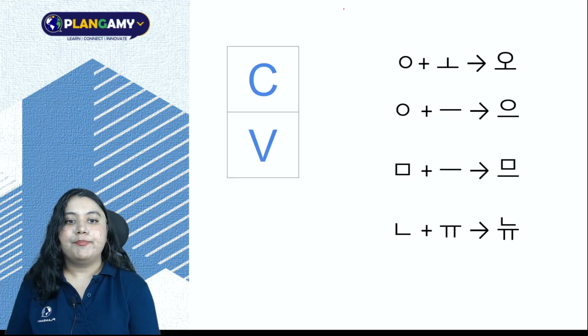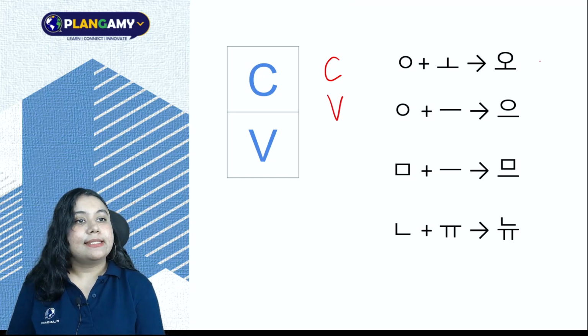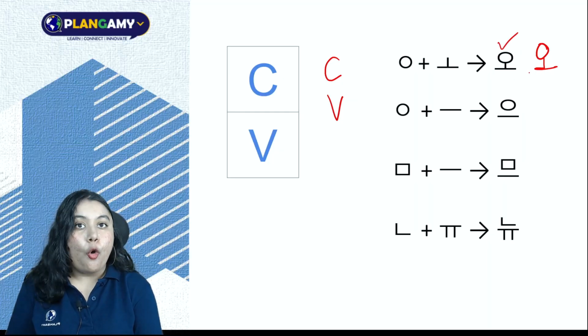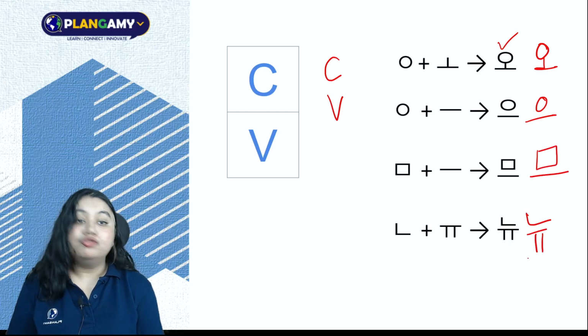Next pattern, we have consonant above the vowel. Let's see, I put my consonant, then my vowel. This is not making a sound, this consonant. So, o, u, m, nu, n, u, nu.